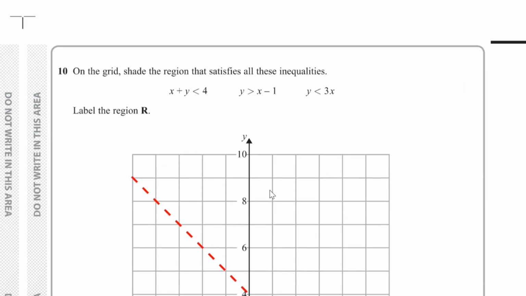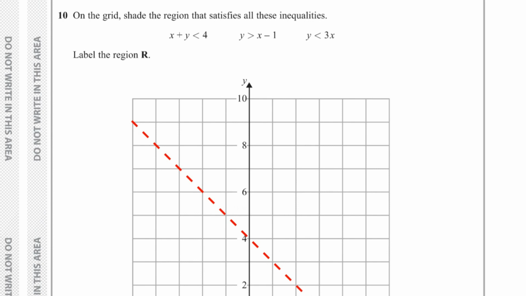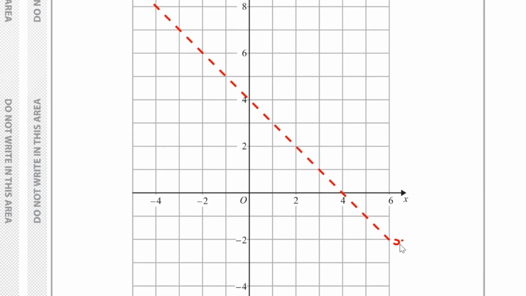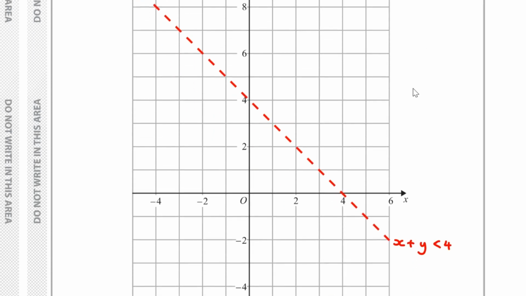We've also got y being greater than x minus 1. For this we need to draw the line y equals x minus 1, gradient of 1, and it crosses through the point minus 1. So we have something which looks like this.